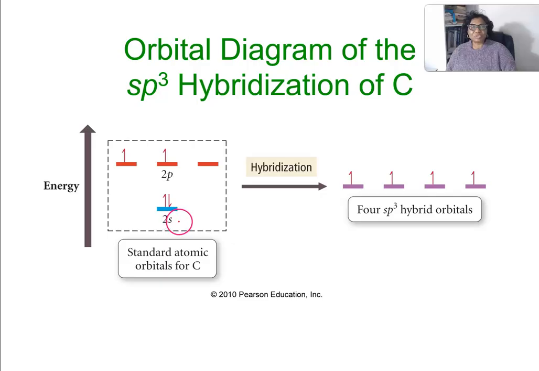But now it mixes them. We call it hybridization. It mixes all of these and comes up with 4 new orbitals with the same energy. These are hybrid orbitals. This is carbon.